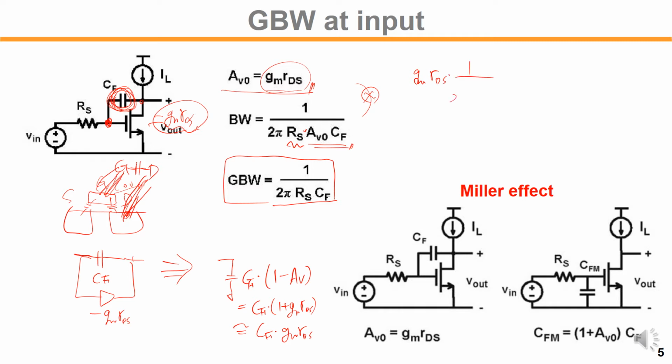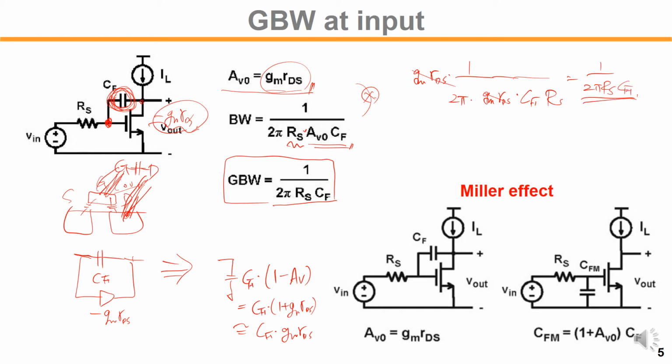Canceling out, and we have RS on the bottom. So finally 1 over 2 pi RS CF, right?